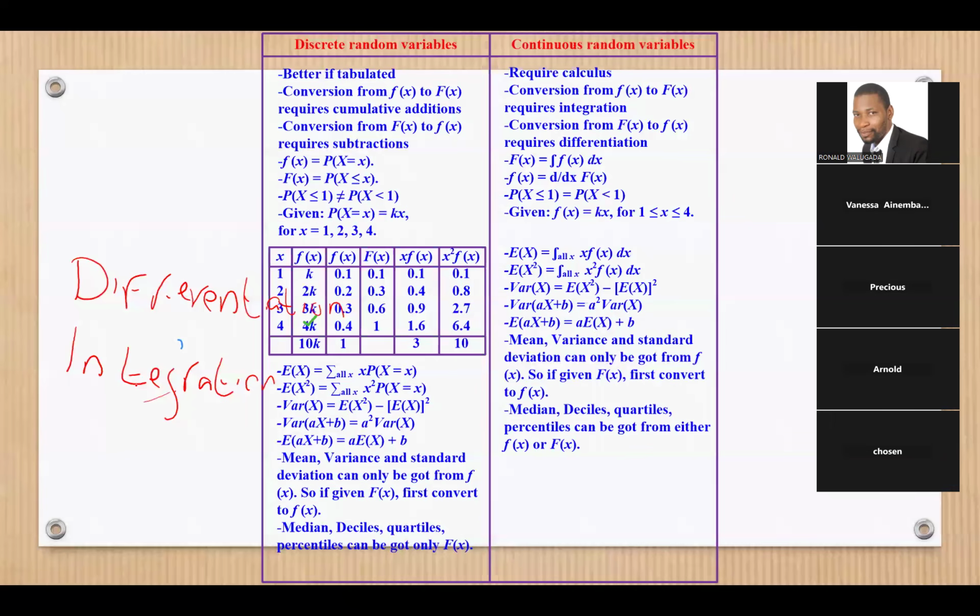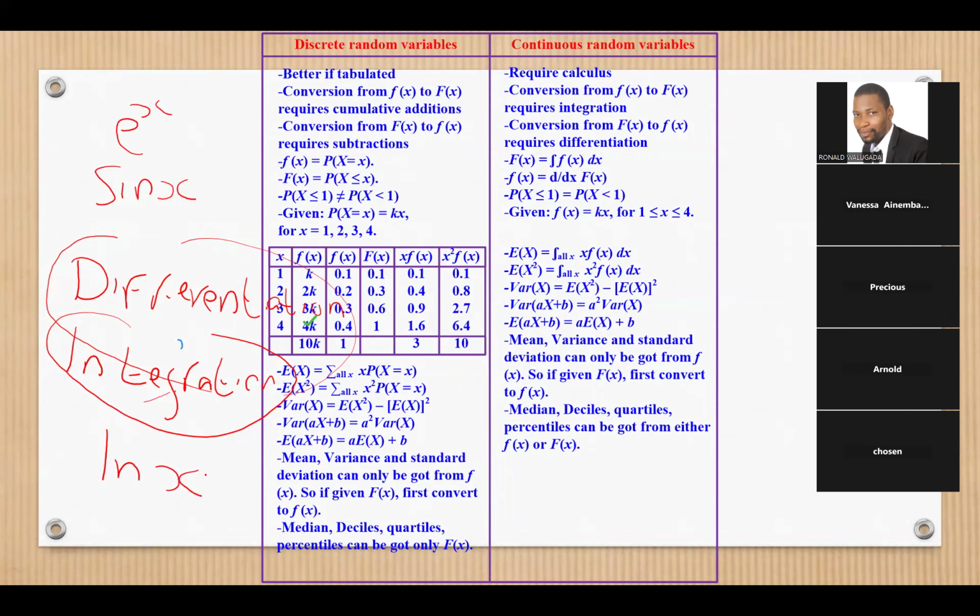What you covered was called differentiation 1 and integration 1. There's still more on that topic. So items which had trig functions, you could not do them. Items which had exponentials, you could not do them. Items which had natural logarithms, you could not do them.